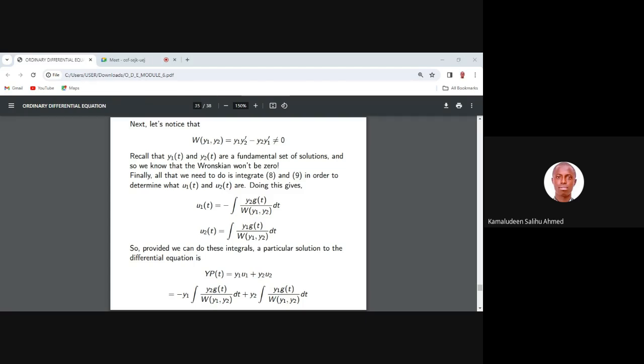In our last class, if you can still recall, we talked about this Wronskian. We said we use it when you want to check if a linear combination is either linearly dependent or linearly independent.